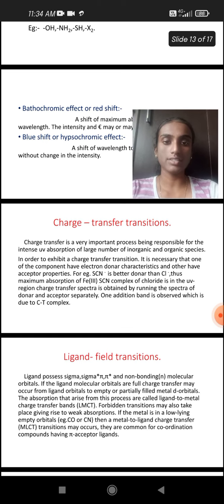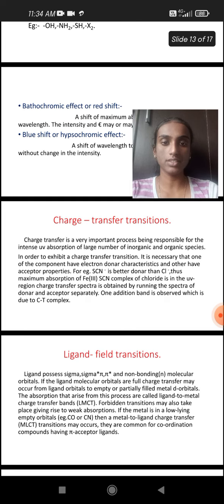And next one is charge transfer transitions. Charge transfer transition is a very important process, being responsible for the intense UV absorption of a large number of inorganic and organic species.